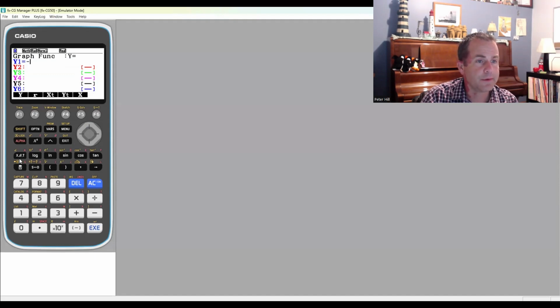So -x cubed. I wanted to do this one with you because notice when I pressed the exponent button, which was up here, you got that cute little box. If you're a newer calculator, you will get that cute little box. You just have to remember to right click out of that box so that you're back down. Do you see how my cursor just went big now instead of small? If I go back, see how my cursor is small because it's an exponent right now.